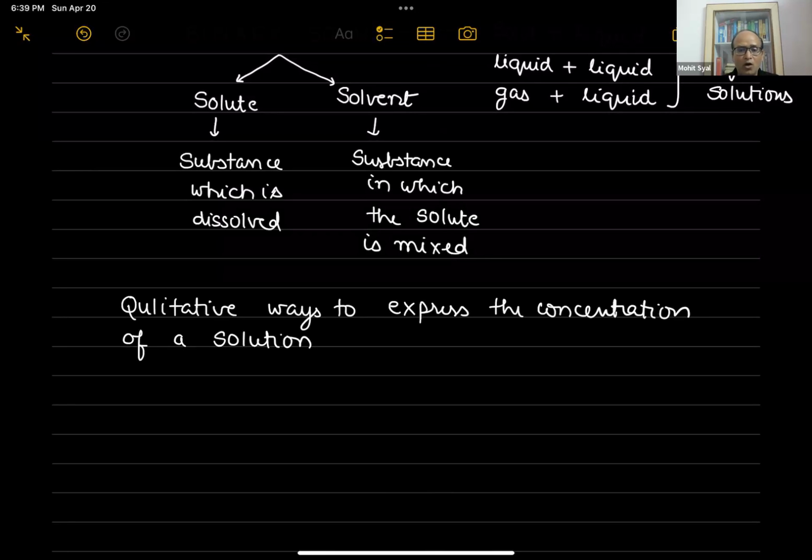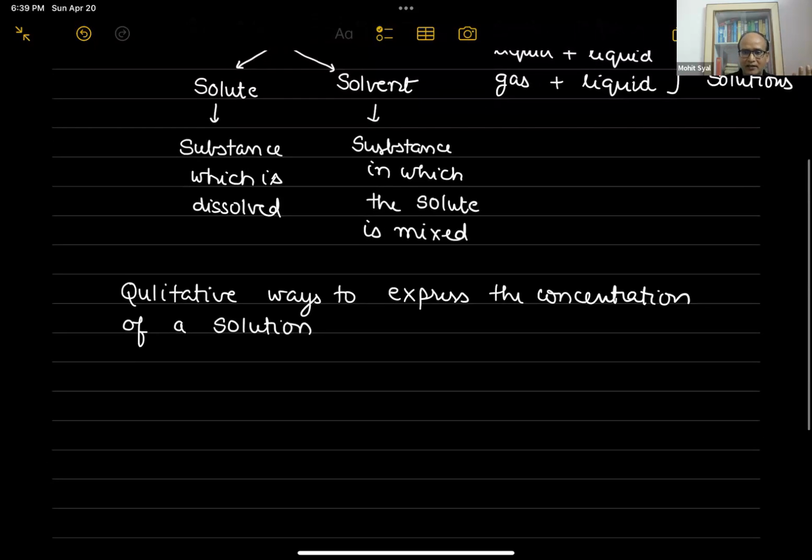Qualitative ways means we are not dealing with numbers. Is it clear? We are actually not expressing the concentration in terms of numbers, just orally we are telling.